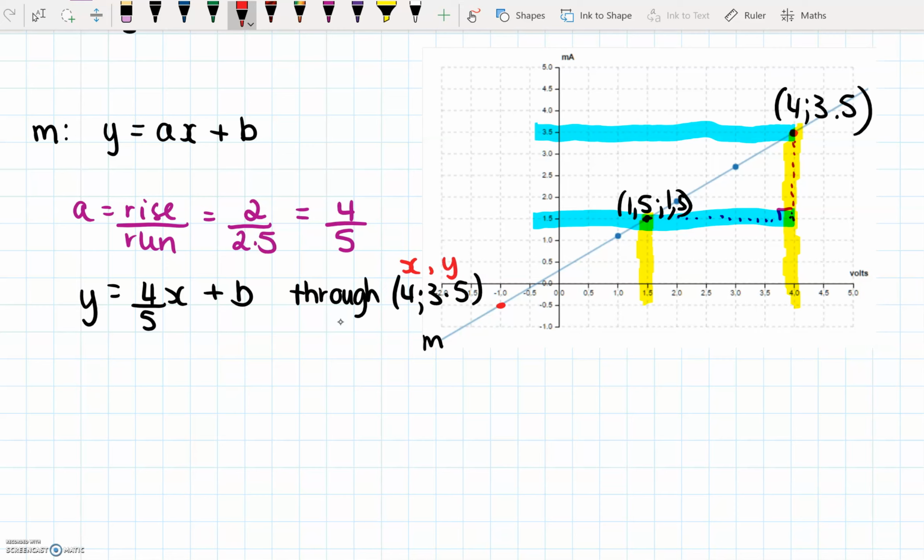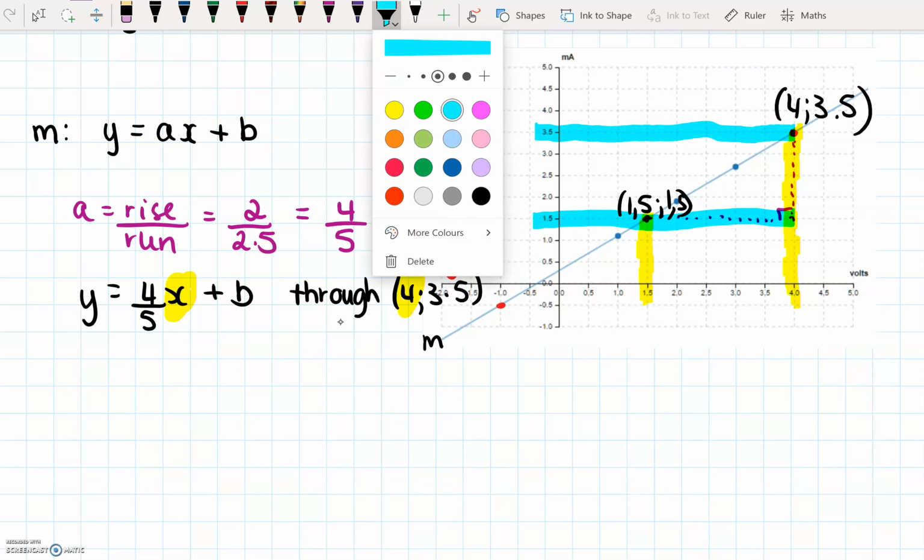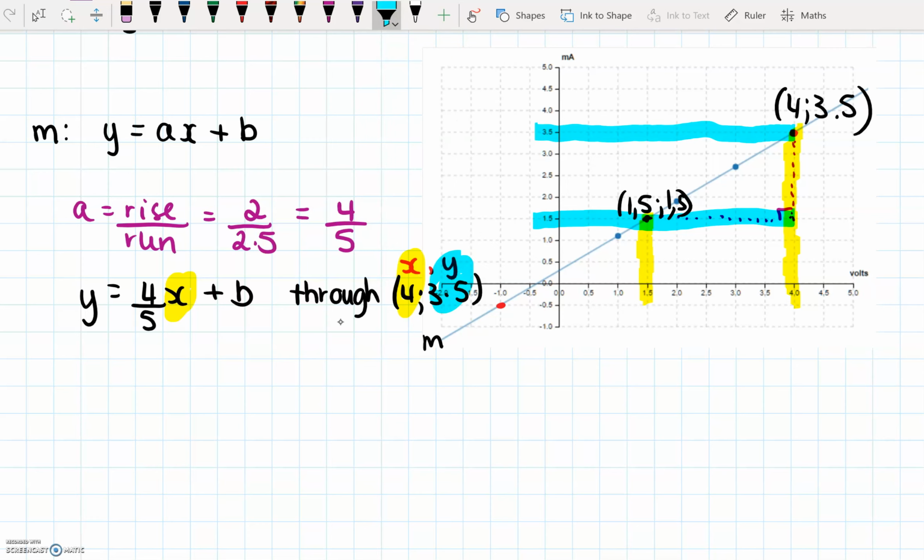So that means we can substitute these in. Where we have x is 4, we're going to put that in place of the x. And we had y is 3.5, we're going to put that in place of the y. So 3.5 is equal to 4/5 times x, which was 4, plus b.